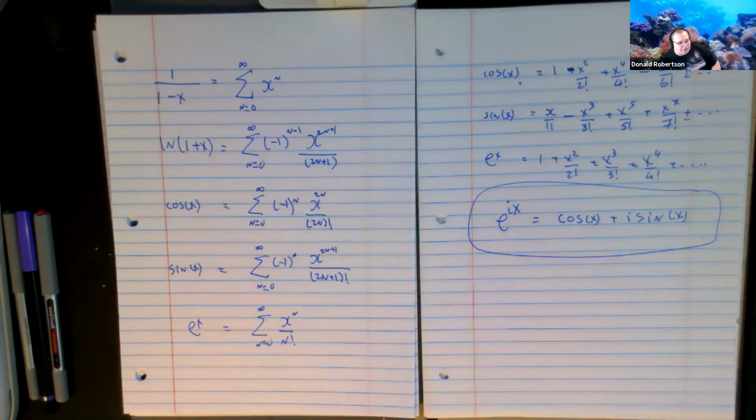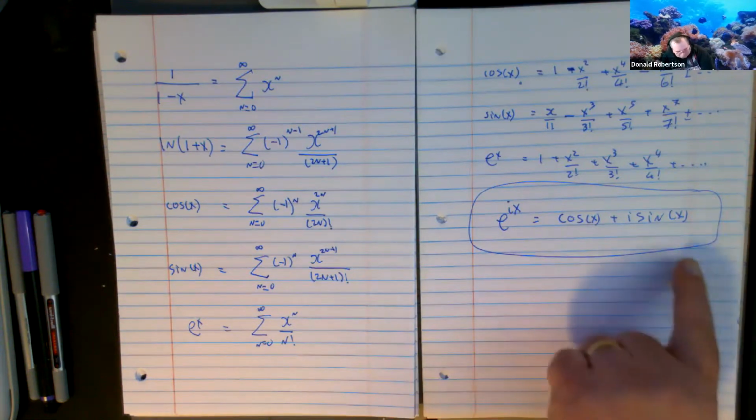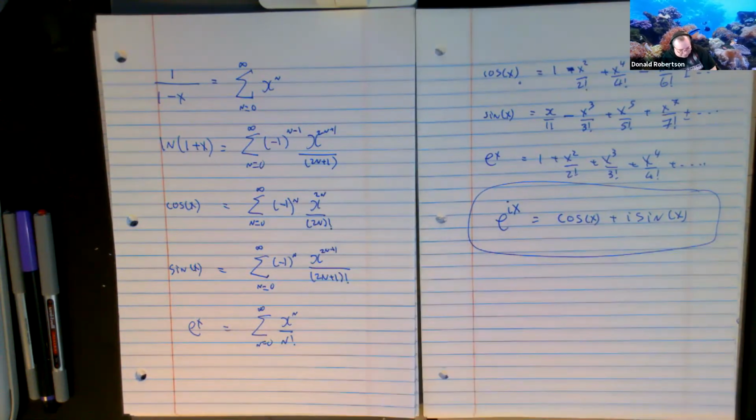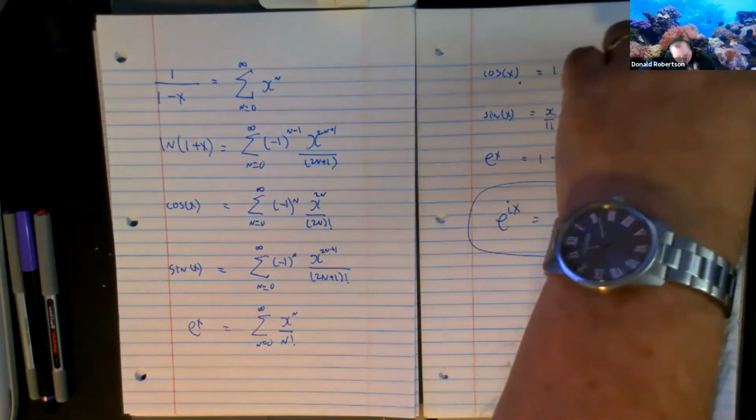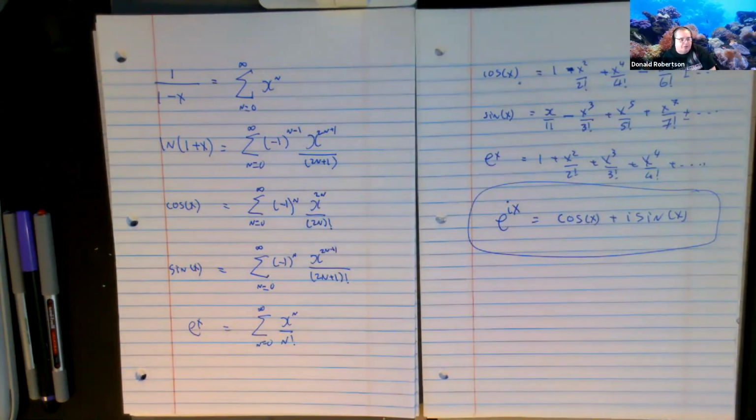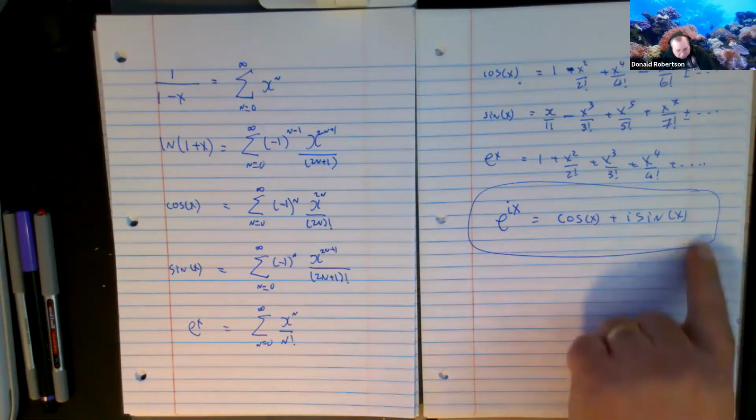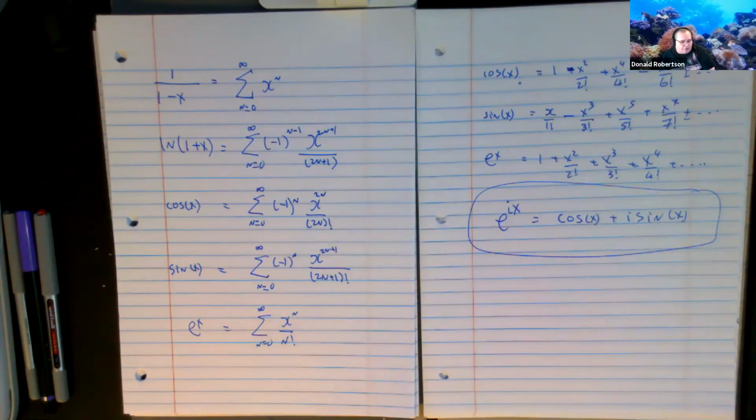The e to the power of i, the square root of -1, x, is equal to that. And that's called de Moivre's theorem. And that particular piece of information, you can understand where it comes from by looking at the power series.